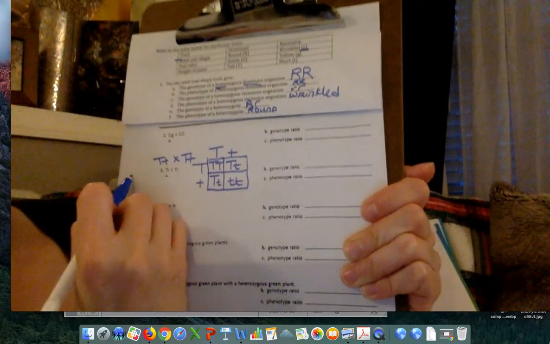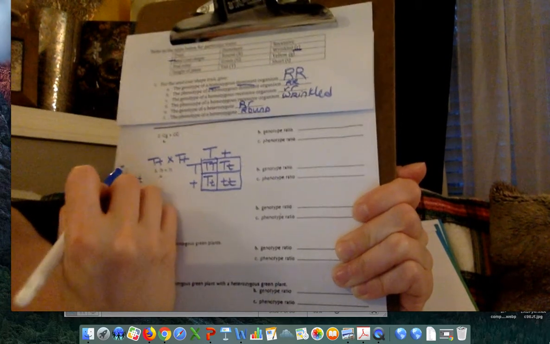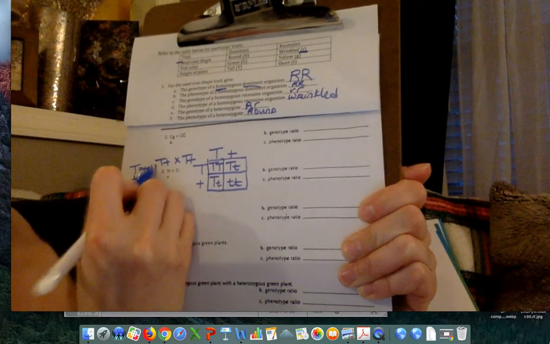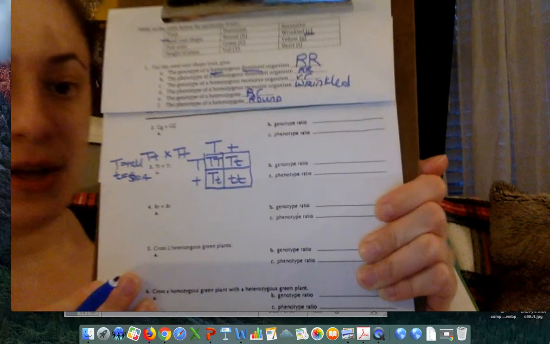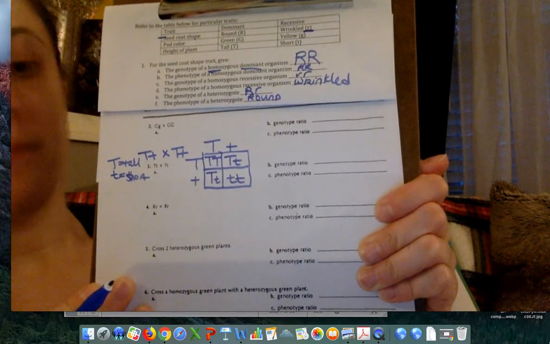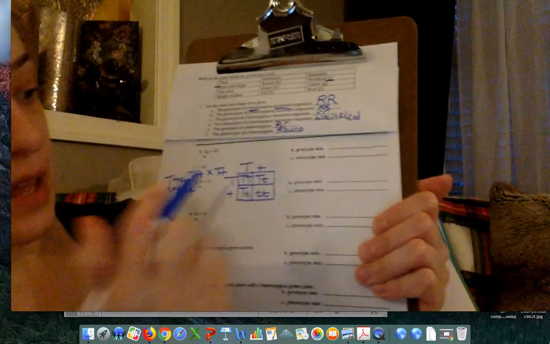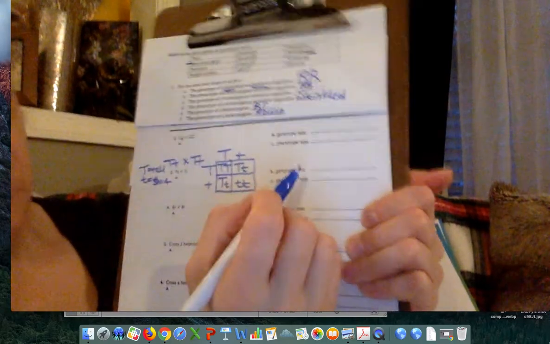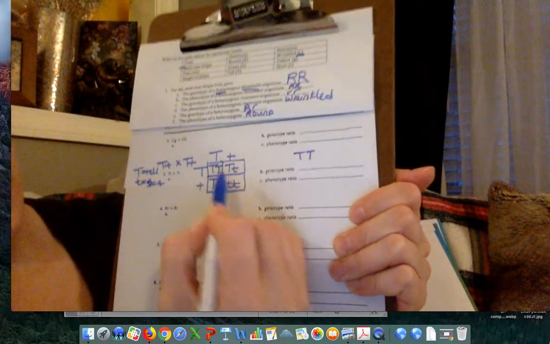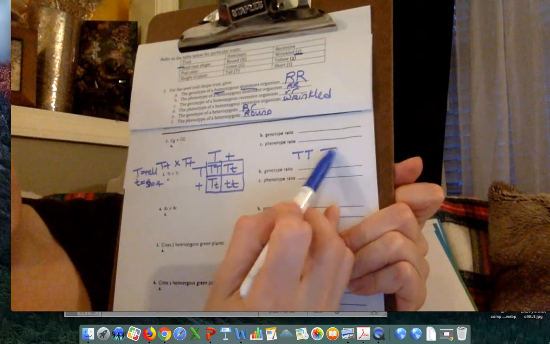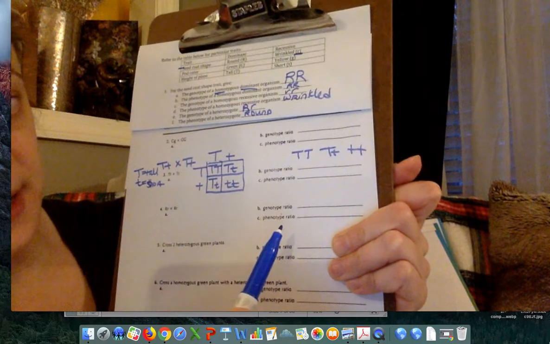Now let's say that the capital T is for tall. Let's say the lowercase t is for the short phenotype. So for this problem, now let's determine the genotype and phenotype ratio. So for the genotype, there's 3 that were possible. We see that we could have gotten the big T, we could have gotten the heterozygote, and we could have gotten the homozygous recessive.